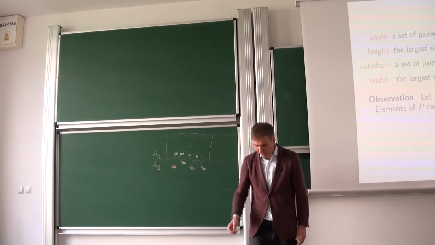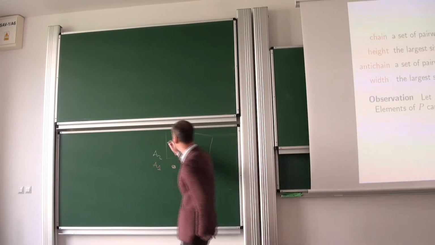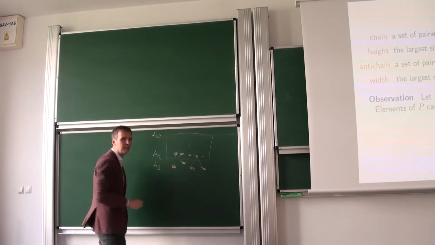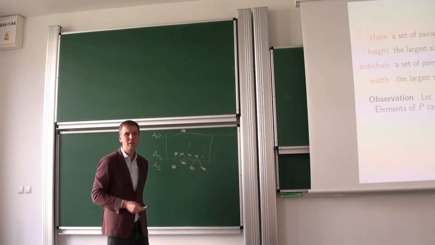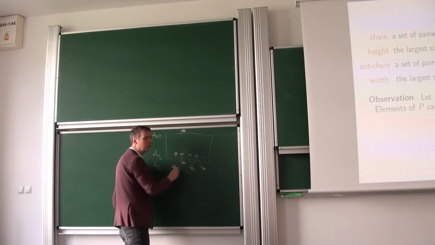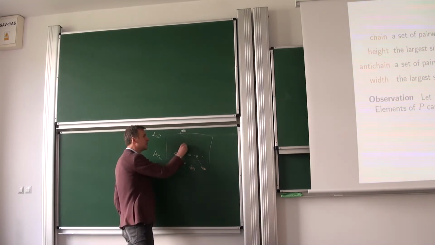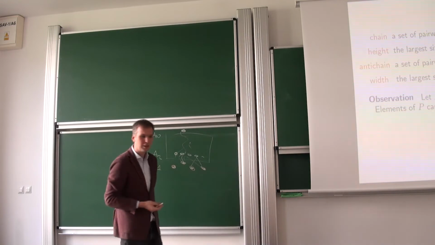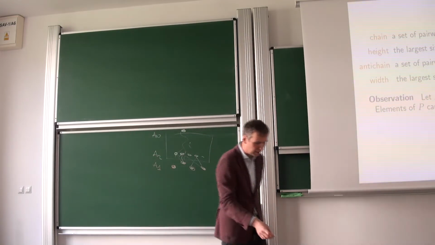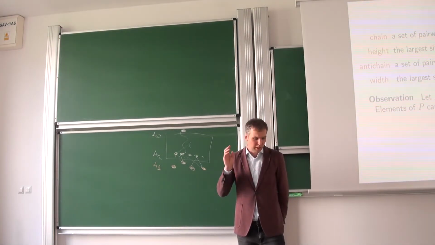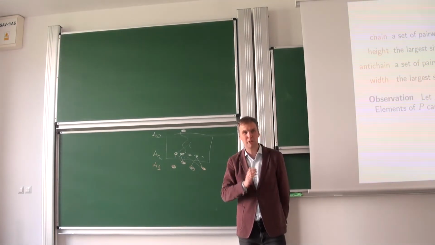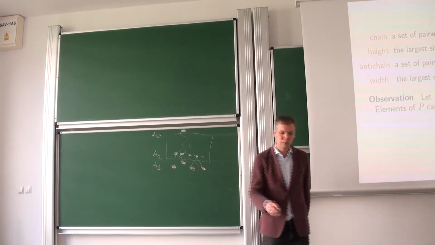Well, think about what happens if you are using A10. If A10 is non-empty, it means that there is a chain down on 10 elements. So indeed, the height is exactly the minimum size of an antichain partition of our poset. And that's the dual to the Dilworth theorem.